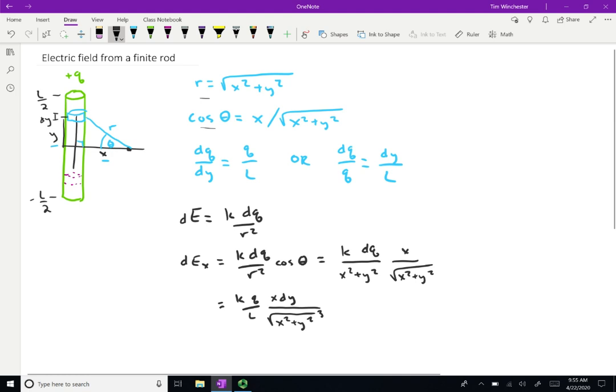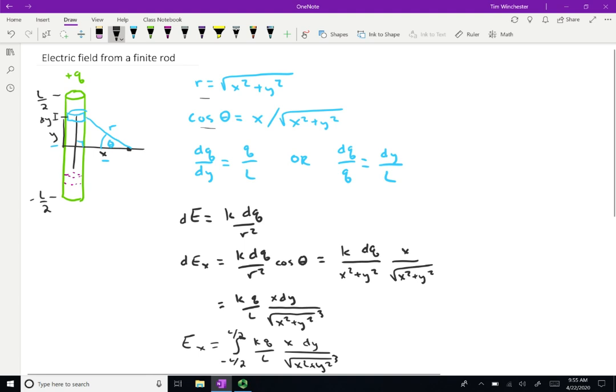Now to get the total electric field for the whole rod, I want to integrate. So Ex is going to be the integral, and I am integrating over y, so the limits will be from minus L over 2 to L over 2 of that expression above: k Q over L times x dy over square root of x squared plus y squared cubed.